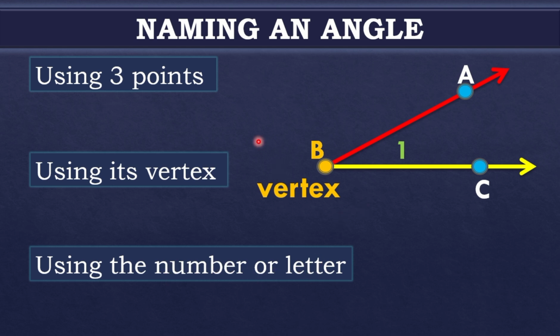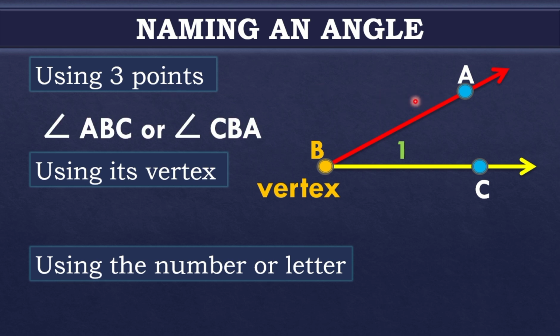Okay? So, halimbawa po, kung ito ang figure mo, kapag gusto mo siyang pangalanan using 3 points, ito po siya. We can have angle A, B, C, or angle C, B, A. Okay, now, ang question is, pwede bang B, A, C?